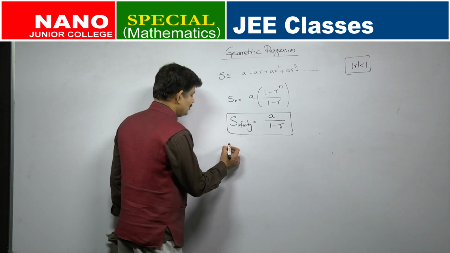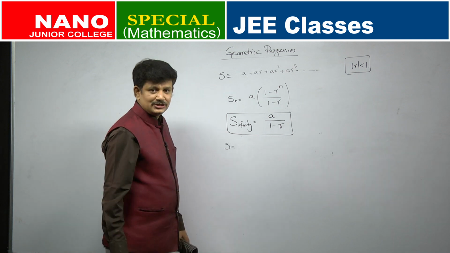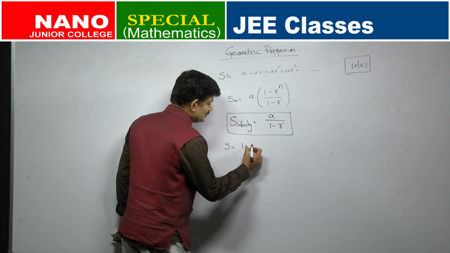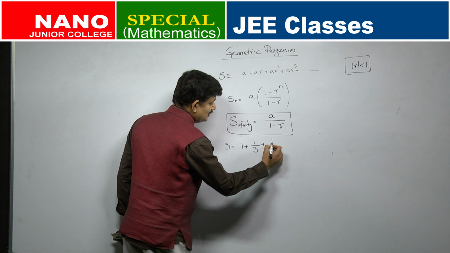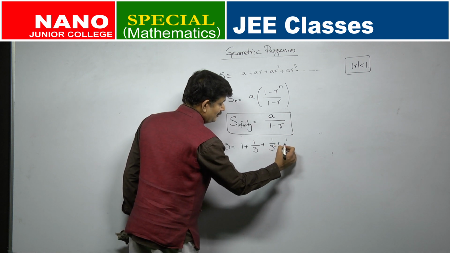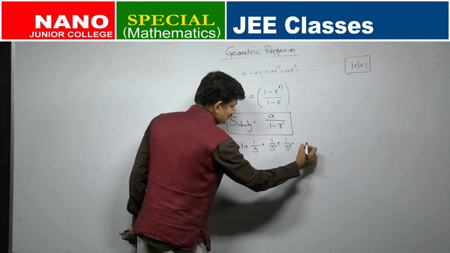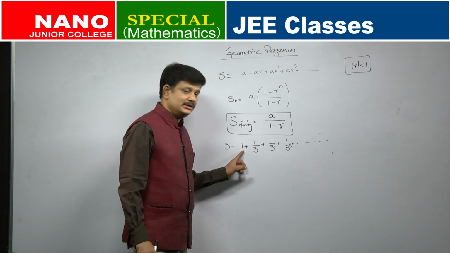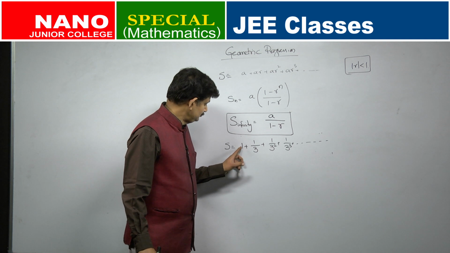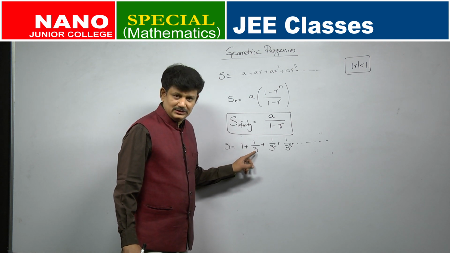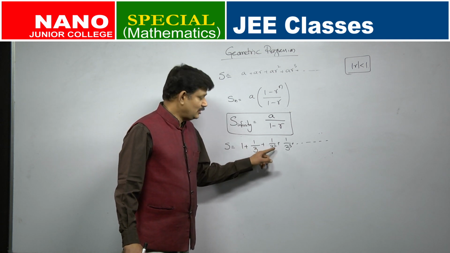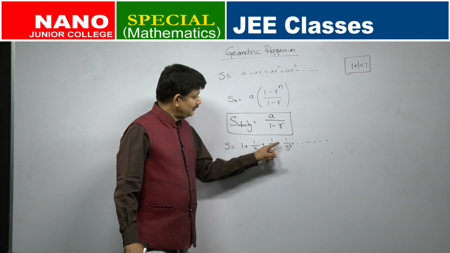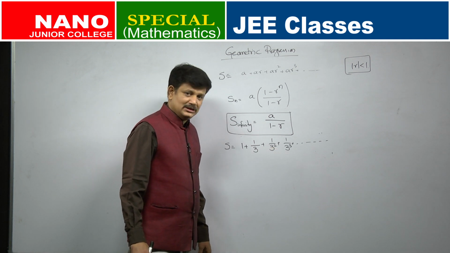So, let me look at a small question here. I want sum to infinite terms of the series 1 plus 1 by 3 plus 1 by 3 square plus 1 by 3 cube, so on up to infinity. Can you see that this is a GP? Here you are multiplying by 1 by 3, you are getting the next term. Next term you have to multiply again by 1 by 3, you will get 1 by 3 cube, so on.